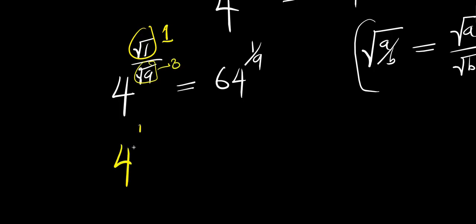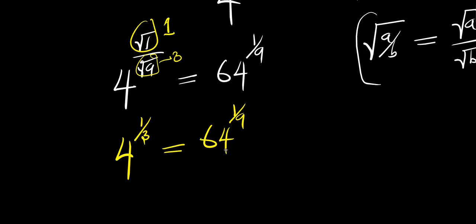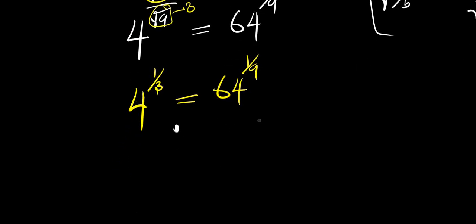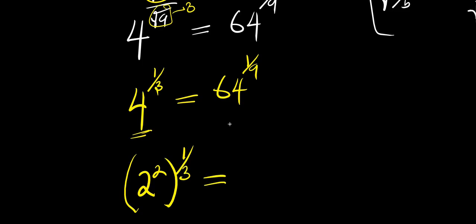You have 4 power 1/3 equals 64 power 1/9. Like I said earlier on, 4 is 2 power 2, raised to the power of 1 over 3, equals 64, like we did earlier on, is 2 to the power of 6, raised to the power of 1 over 9.